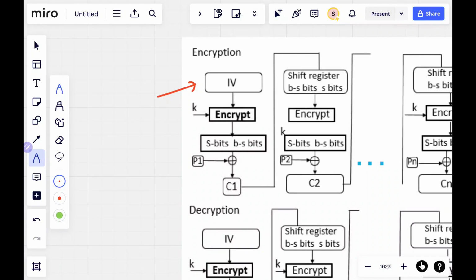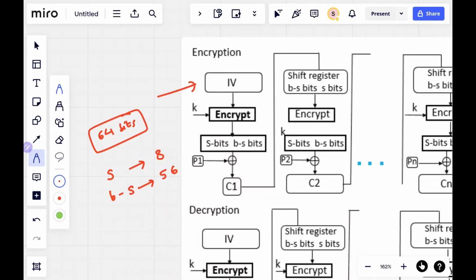Assuming the initialization vector is 64 bits, it is encrypted with a 64-bit key, and we get some result. That result is broken into two parts, S and B minus S, where B is the block size. The block size is 64. For example, let's take S as 8, so the remaining 56 bits will be B minus S.